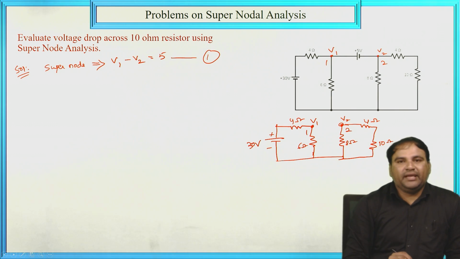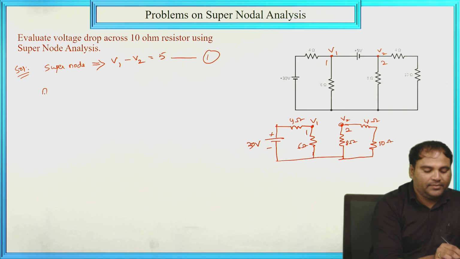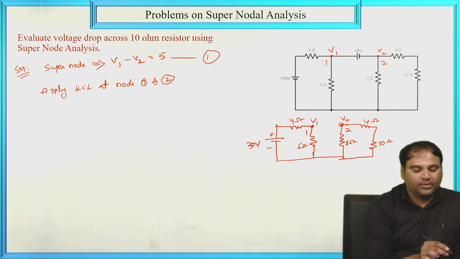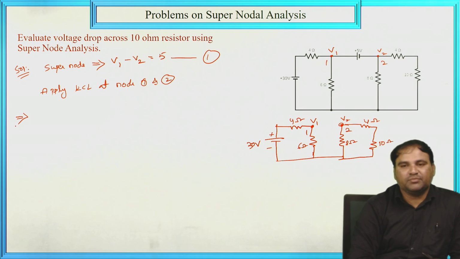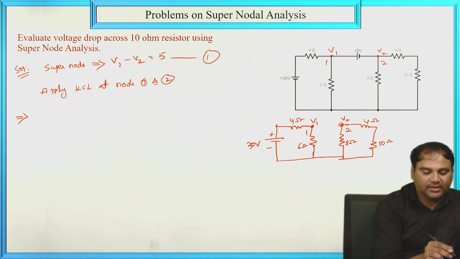Now apply KCL at node 1 and node 2. So here is the equation. Now we have to write the nodal equation in terms of node 1 and node 2.